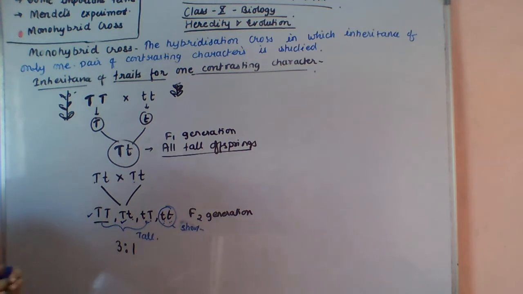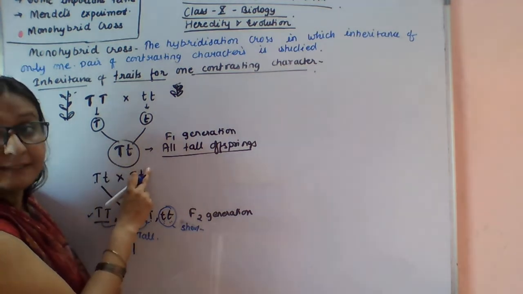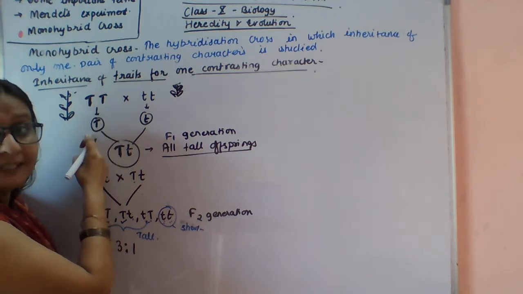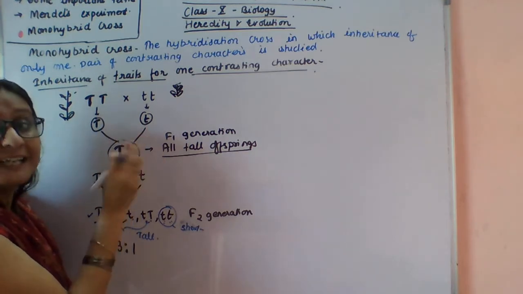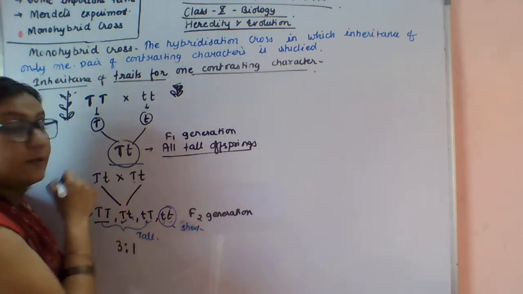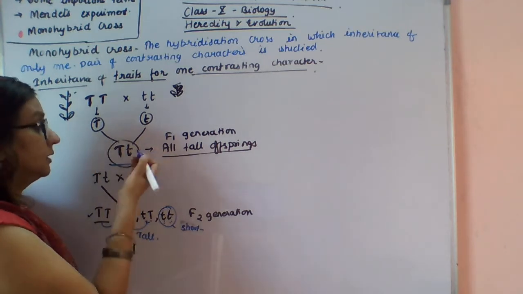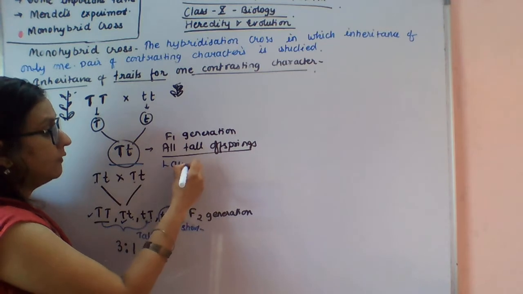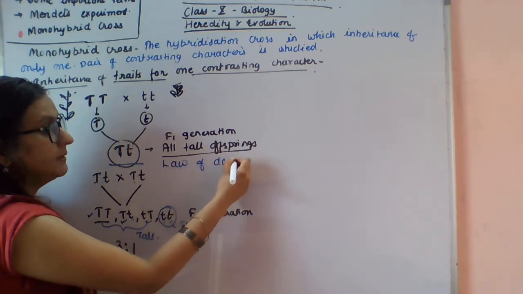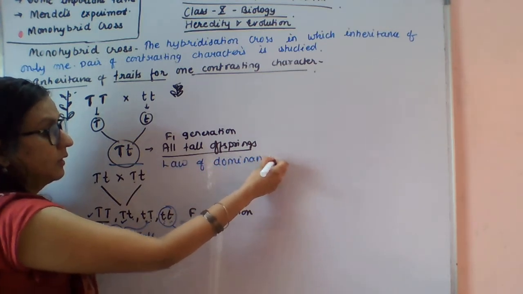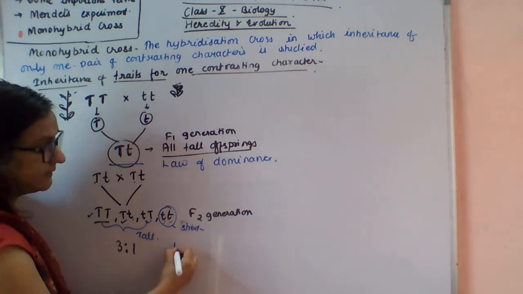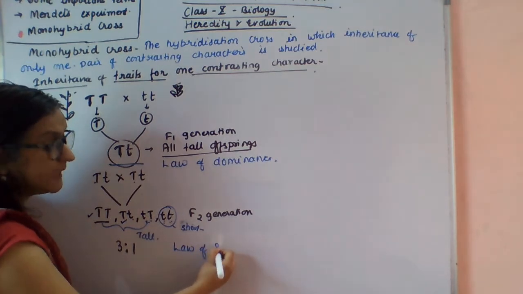Here you can see the law of dominance: always, in the presence of the dominant character, the recessive will get masked. So this experiment states the law of dominance, whereas this F2 generation states the law of segregation.